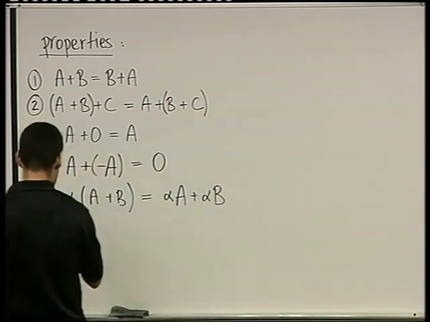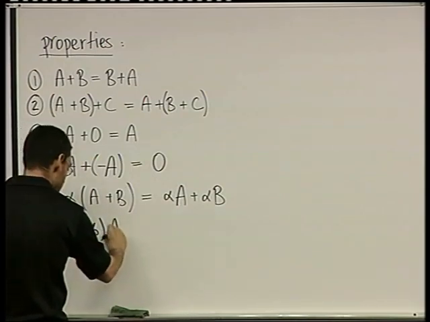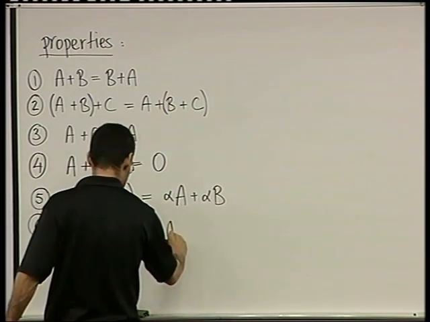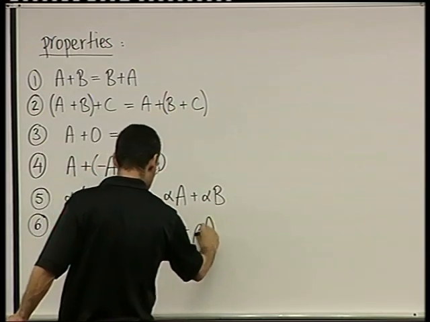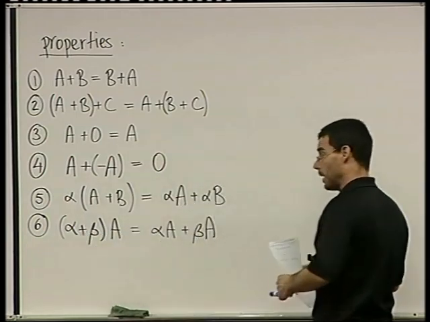Okay, 6: (alpha plus beta) times A is the same as alpha A plus beta A. So this distributivity holds also if we first add and then multiply.